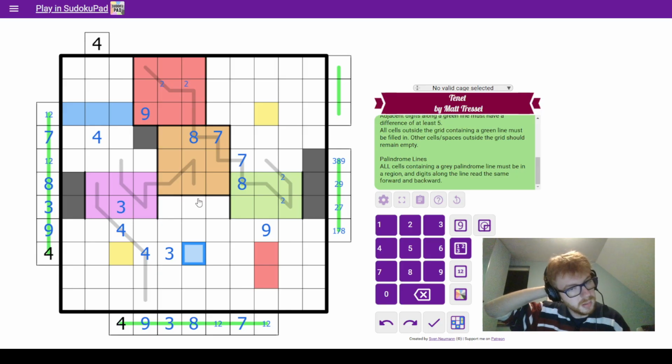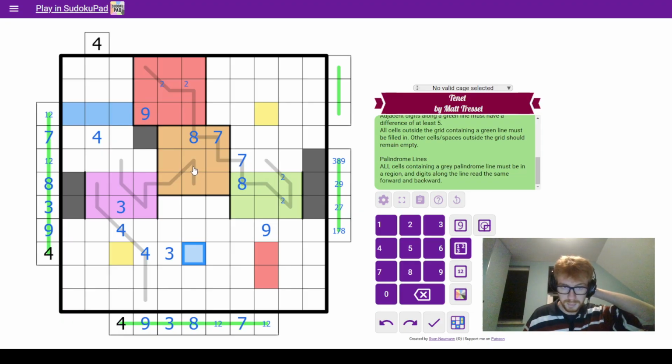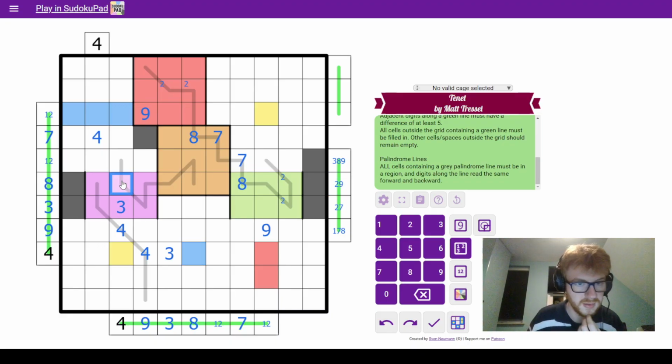So that does mean, but this 3 doesn't have to be blue, right? So it doesn't mean that this blue segment cannot contain a 3. Hmm. So then either this and this is 9. Wait, no, this and this is 9, or that's a 7. It's tough for that to be a 7, but not impossible.